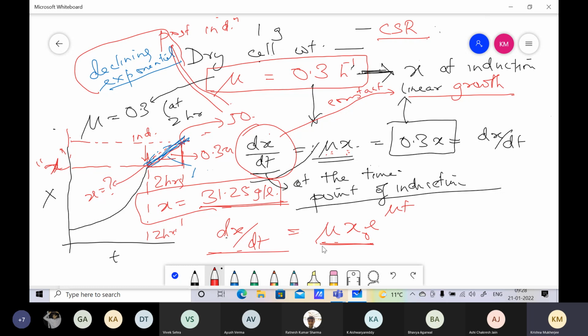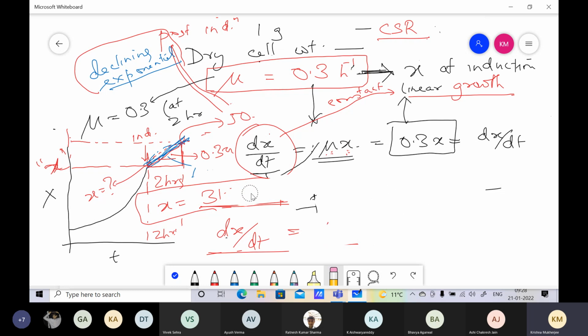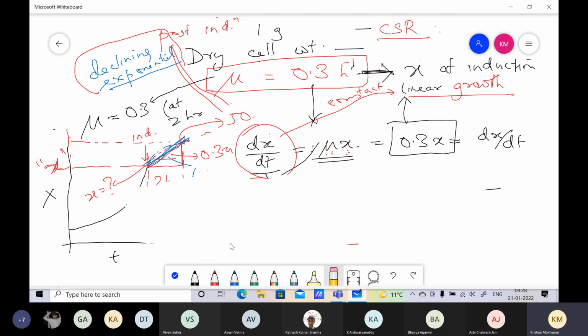This is a very interesting point, and the whole purpose of why I chose declining exponential to be approximated by the linear growth model. So x is increasing, and X at the point of induction is 31.25 grams per liter.